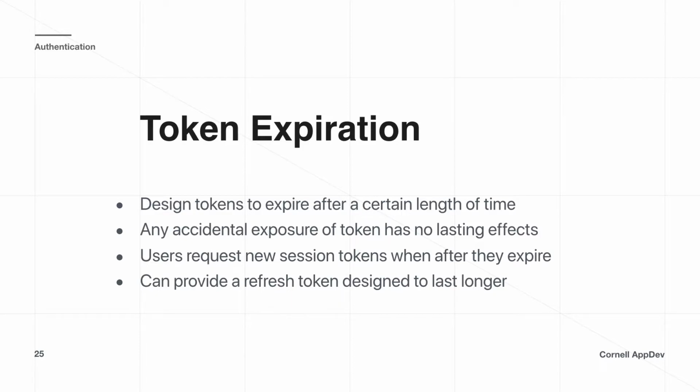If you have a session token that's expired, what you can do is send over a refresh token with a request, and the server will be like, okay, I gave you this earlier to give to me whenever your ticket expires. So I'm going to create a new one for you so that you can continue using my services a little bit longer. Once you send over the refresh token and the server recognizes that it's a valid one, it's going to send back a new session token, a new expiration date that's later than before, and a new refresh token.